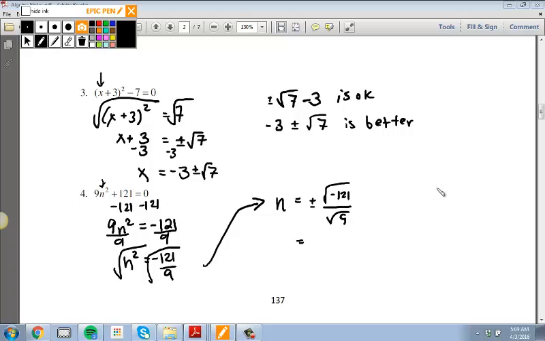I know the square root of 121 is 11, so if I make that 121 negative, it's actually just going to be 11i, meaning that it is an imaginary number. And then I also know the square root of 9 is 3. So I have n is equal to plus or minus 11i over 3. Meaning that we have an imaginary answer, or something that is just real and fake.